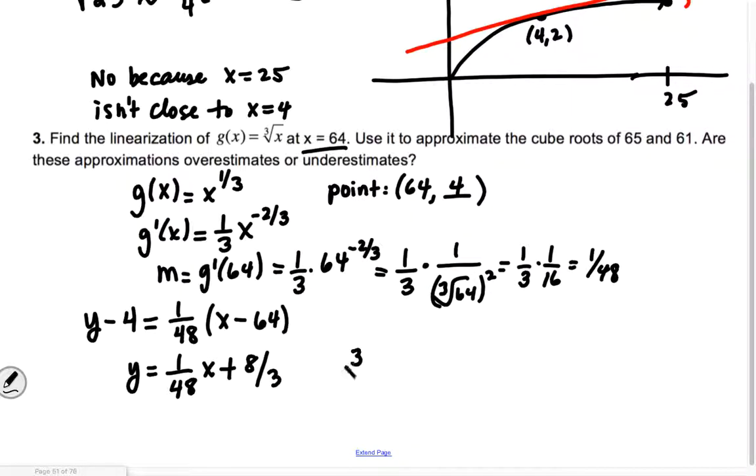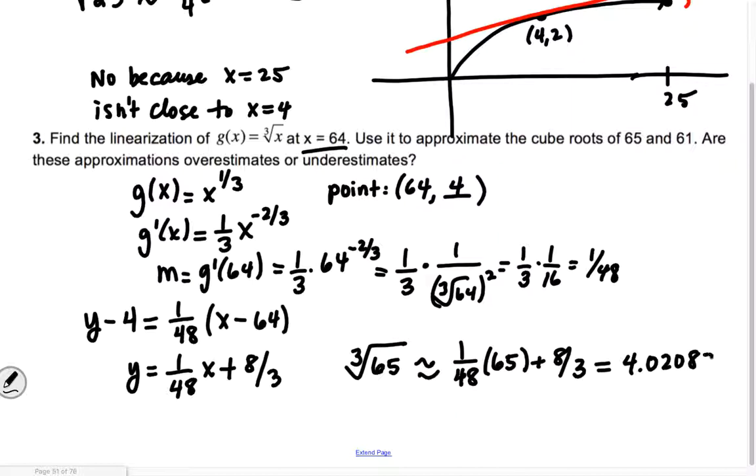And so if we're doing the cube root of 65, we're using this linear approximation, and we're plugging in 65. So 65 over 48 plus 8 over 3. So I get 4.0208, 3 repeating.